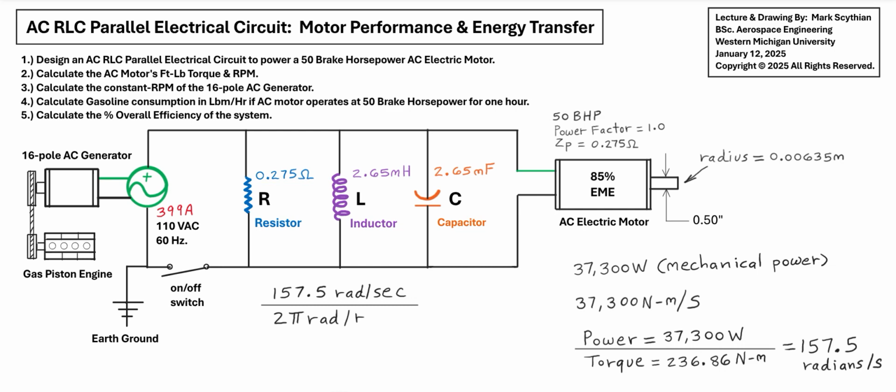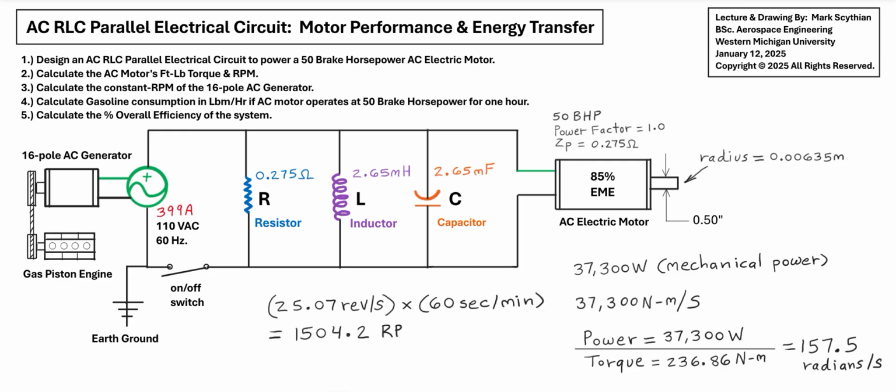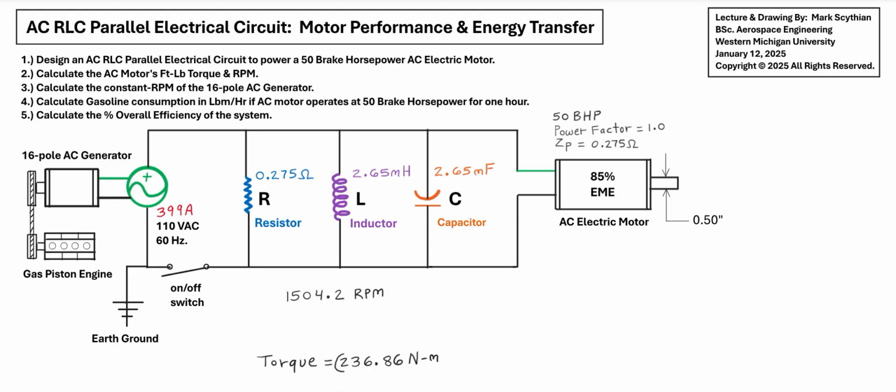Then divided by 2 pi radians, or 6.28 radians per revolution. So this then becomes 25.07 revolutions per second, then times 60 seconds to a minute, and this computes to 1504.2 RPM. And then lastly, we just convert the Newton meters of torque to foot pounds.